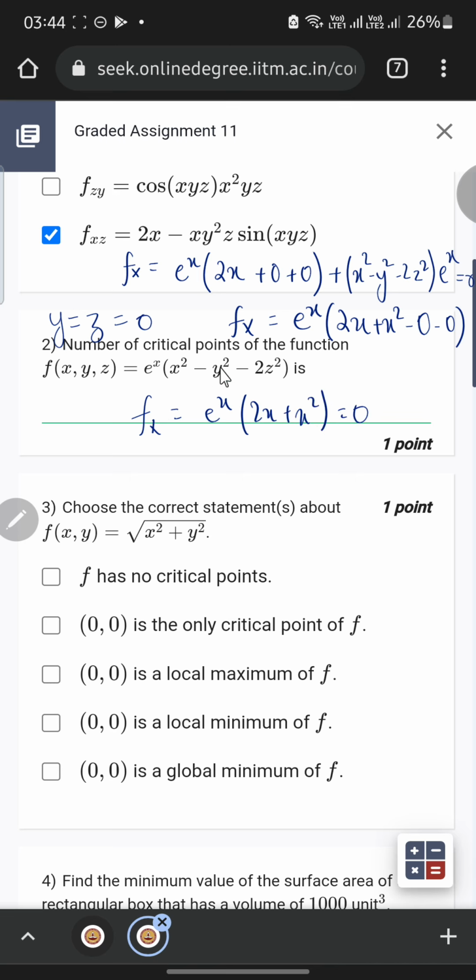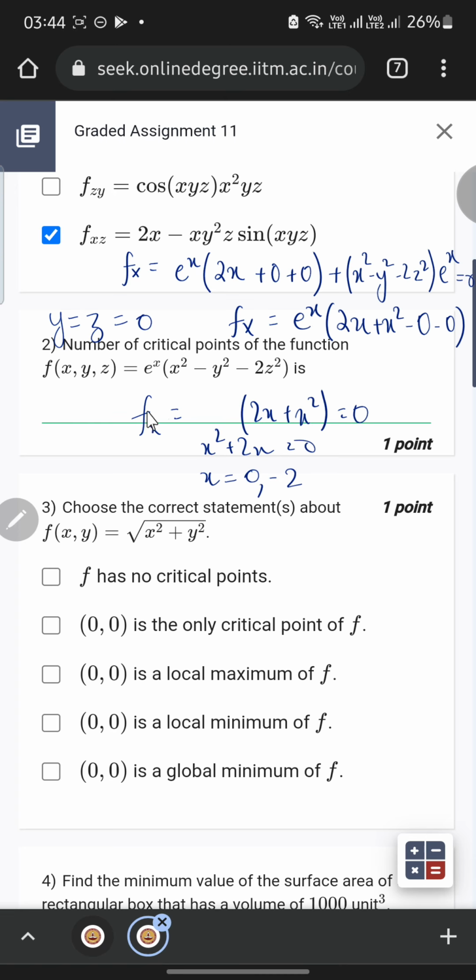Now here we can remove this term, and we only got two options here, that x square plus 2x is equal to 0. Either x is 0 or x is minus 2.